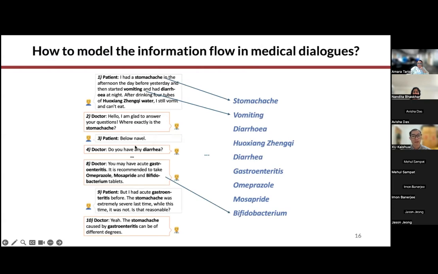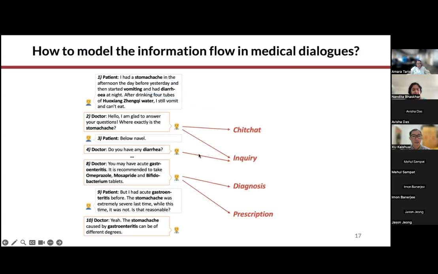In these interactions, we can extract several entities. These entities follow the entire conversation and appear one by one. Another piece of information is that the doctor performs actions in their utterances.